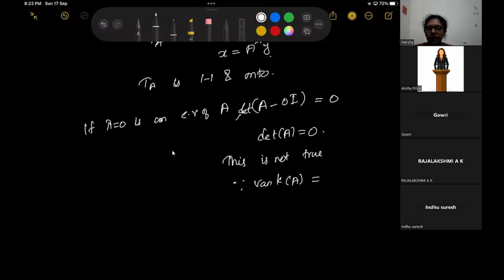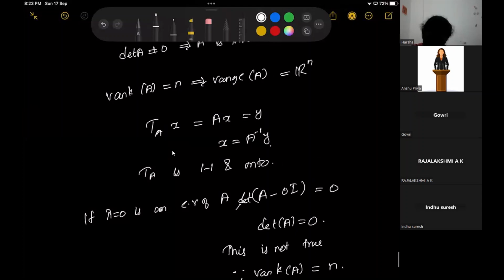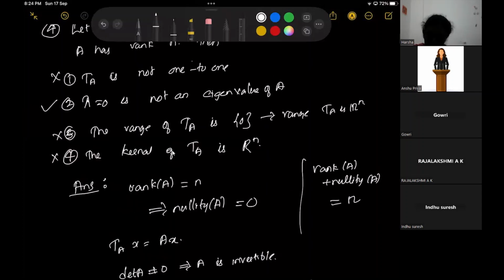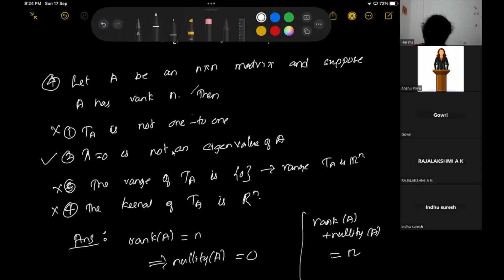Is every option clear? Is there any doubt? Ma'am, please repeat the first option. Okay, first option. See, rank of A is n means A is invertible.